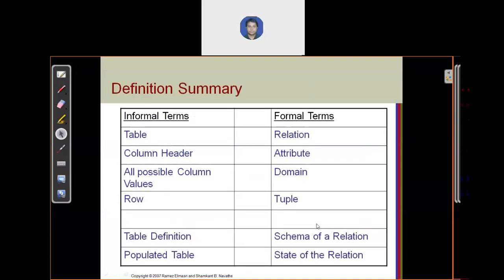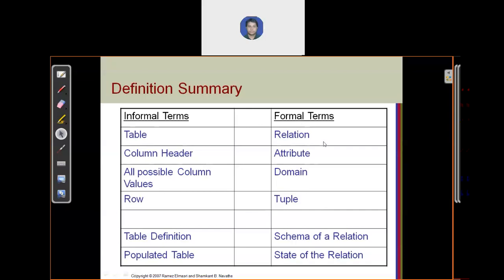So this is the summary. Informally, a table is called a relation. Column header in the relational data model you call an attribute. All possible column values you call the domain. And a row you call a tuple. These are the terms we use generally and the terms used in the relational data model.